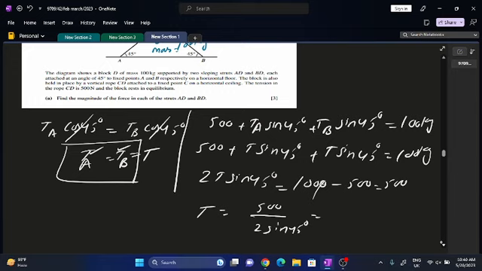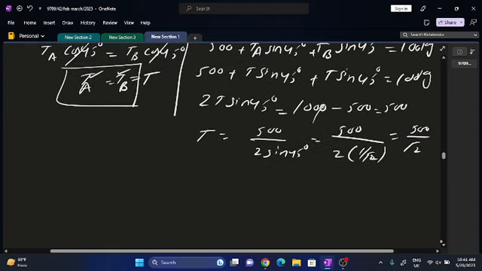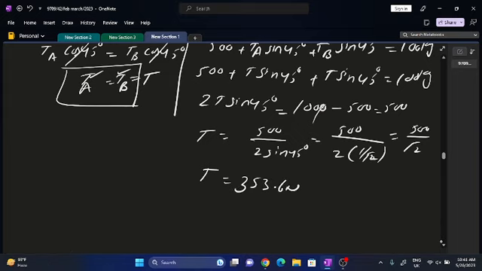On your calculator, sine of 45 degrees is always 1 by square root 2, so that equals 500 divided by square root of 2. After simplification, the value of T will be 353.6 Newton.